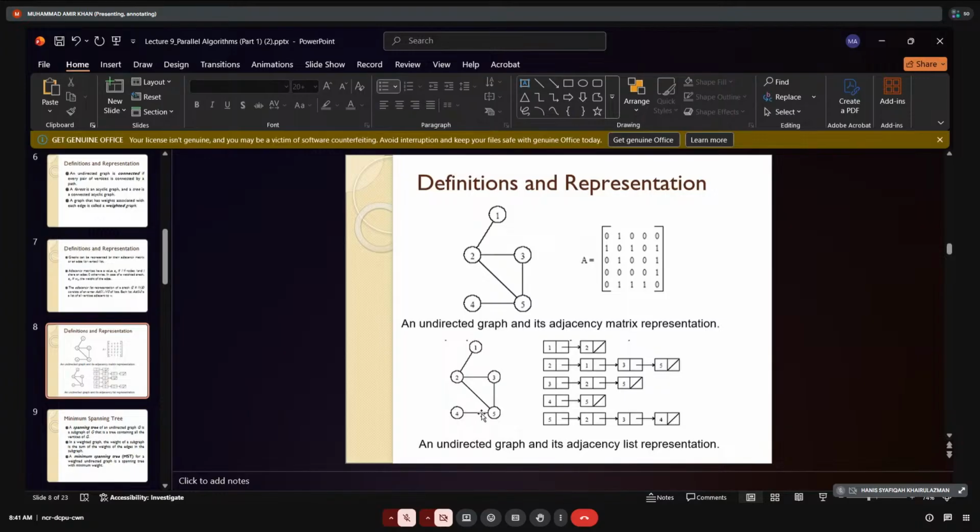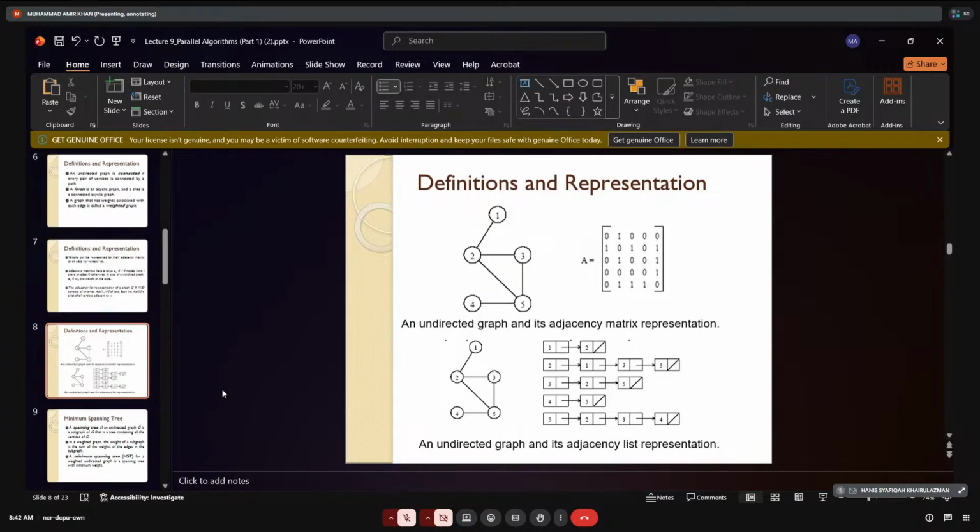So you have to follow the same pattern. And the most important thing is that you have to write the adjacency list or adjacency matrix of each and every node. It is not necessary to follow the ascending order. You can write it in any order. The most important is to show the adjacency list.